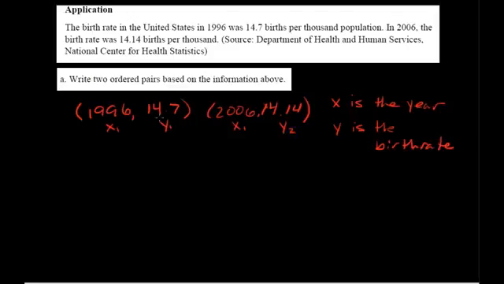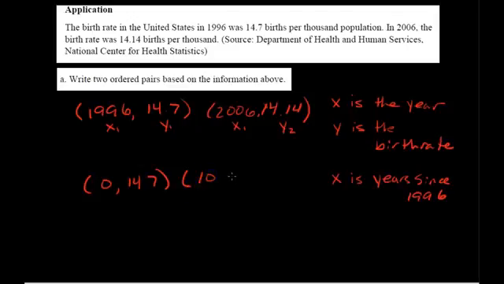Now, these are kind of big numbers here, 1996 and 2006, so we can also change our information as long as we're very clear about what we've done. For example, we could write this as 0, 14.7. Basically, x is years since 1996. So in 1996, it would be year 0, and that makes 2006 year 10, 10 years after 1996, and 14.14.